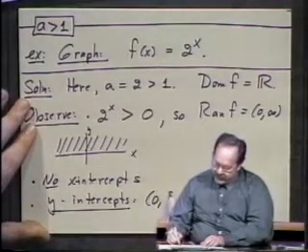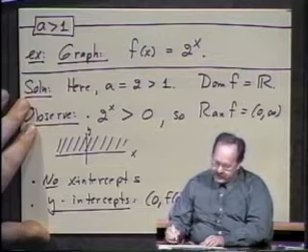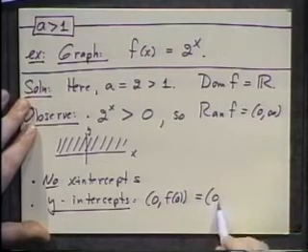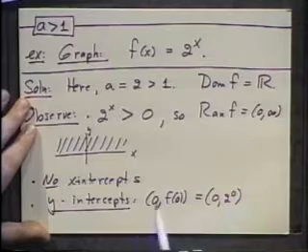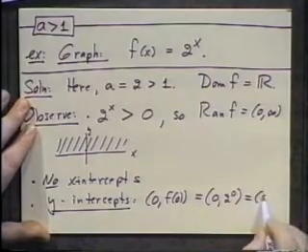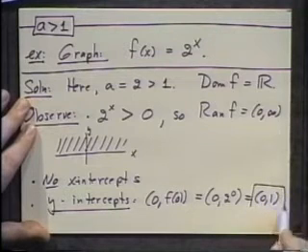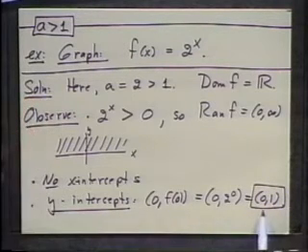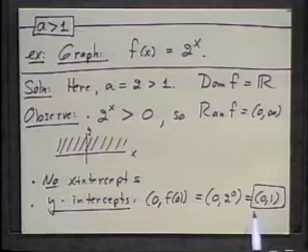The point (0, f of 0) turned out to be (0, 2 to the 0), because f of x is 2 to the x. And of course, 2 to the 0 is 1, so (0, 1) is the point that they all pass through. And you should have seen that in your pictures.